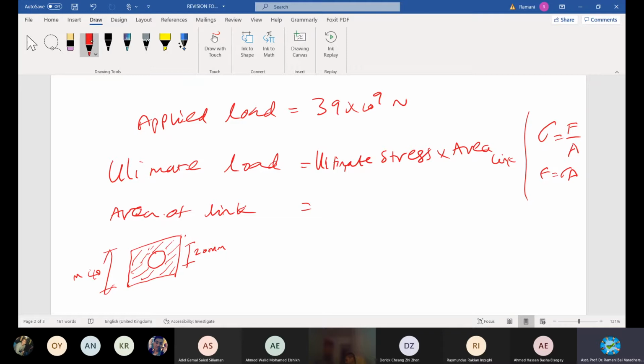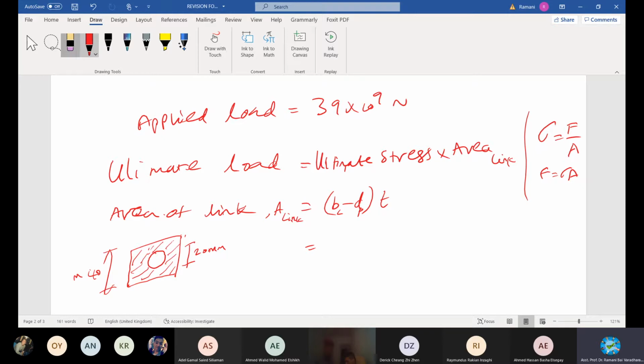Area of the link is equal to B minus D, into T. B is 40, or D. This is for the link, and this is for the pin.